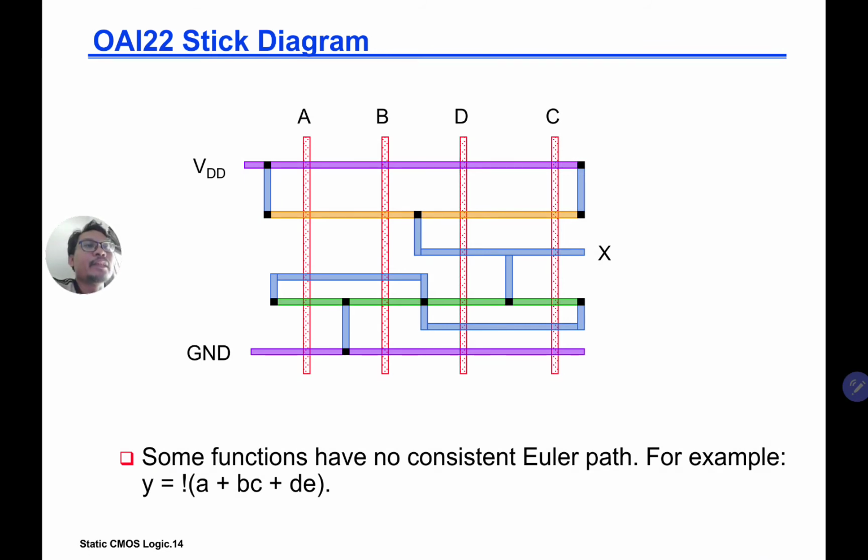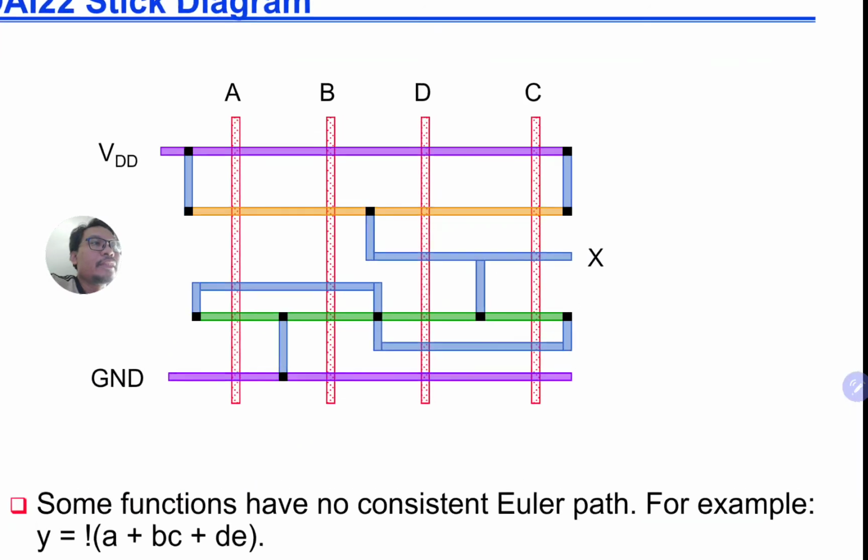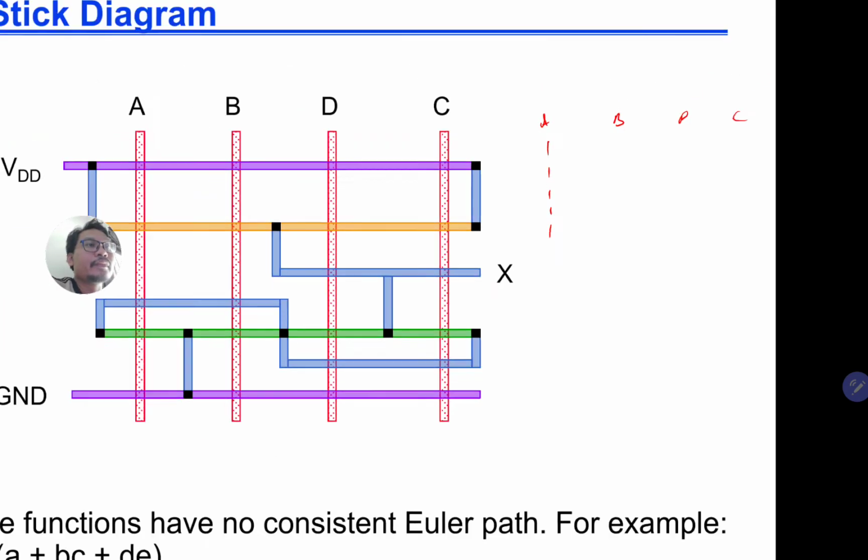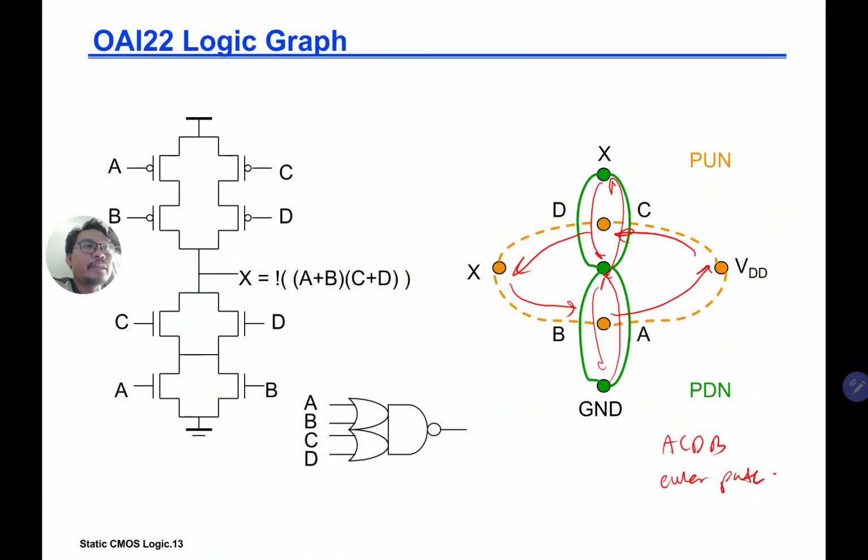diffusion region. Okay, so ABDC, so we can see here, you can just make your poly. So if you want to draw, so let's try and draw this a little bit. So if you need to draw for yourself, ABDC, let's do something like this.